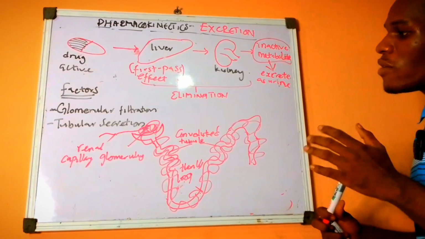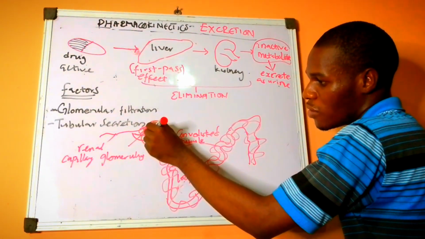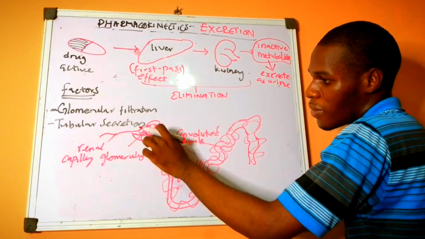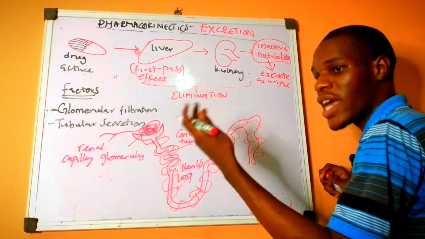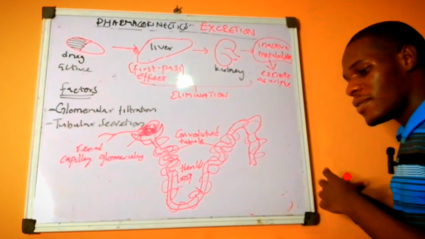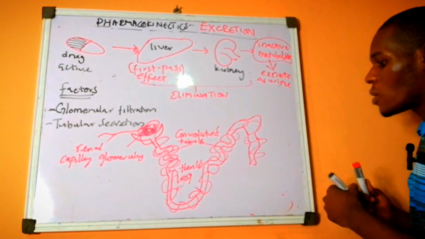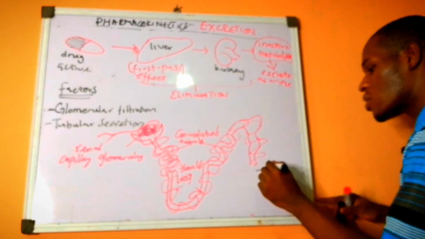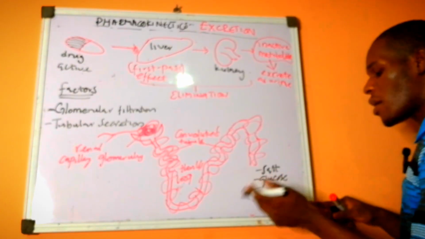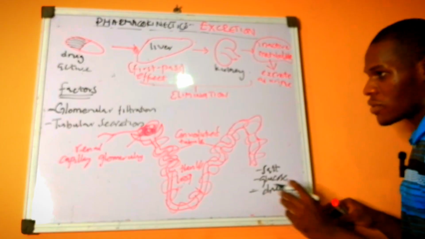So talking about glomerular filtration, at this particular site of the glomerulus, which is of course a mass of blood capillaries, and in capillaries, fluid exchange occurs, right? Glomerular filtration is the filtration of substances from the blood into the nephron, substances like salts, glucose, and some certain drugs.